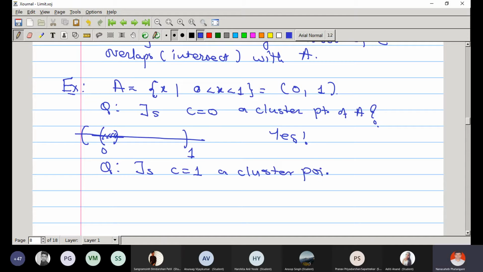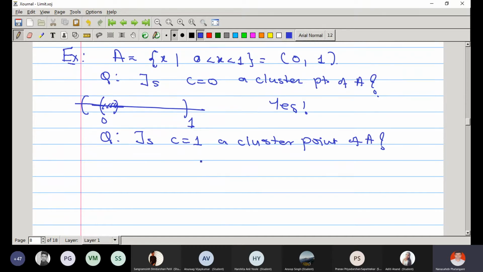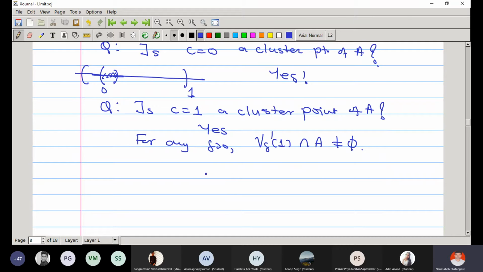Answer is yes, right, it should be overlapping. That means for any delta, V delta dash 1 intersection with A is non-empty, right?